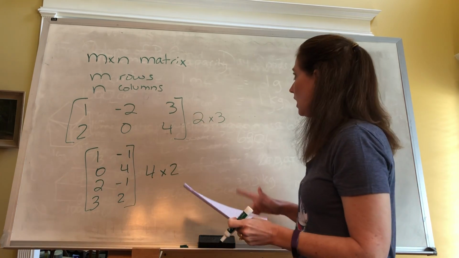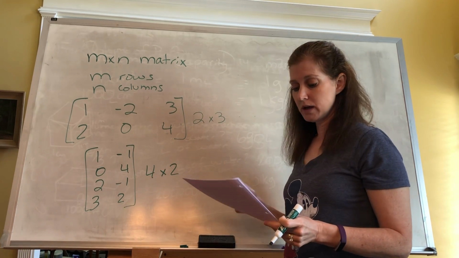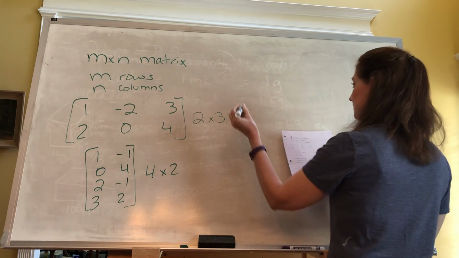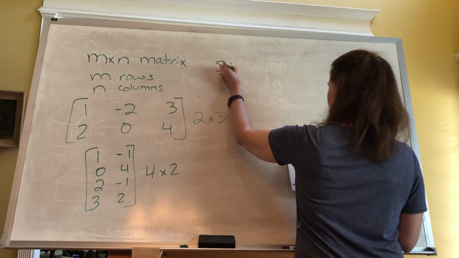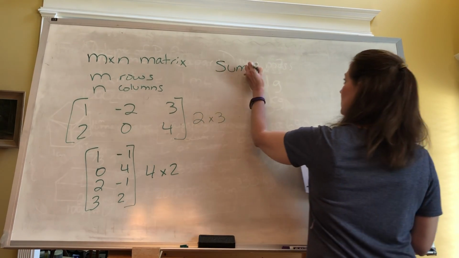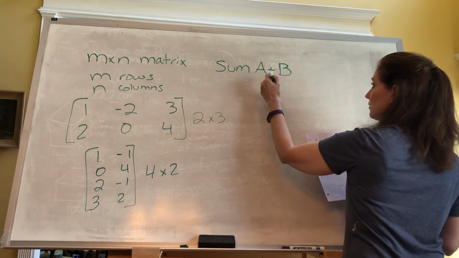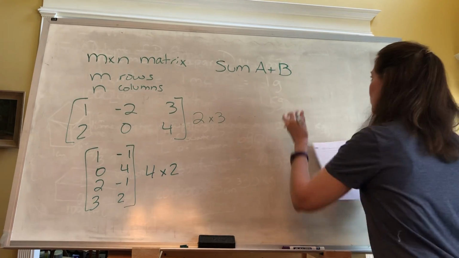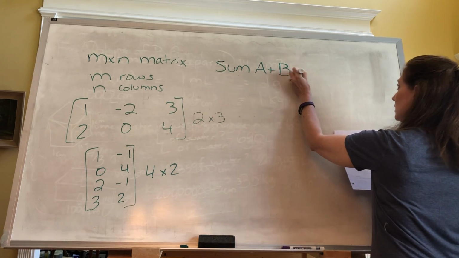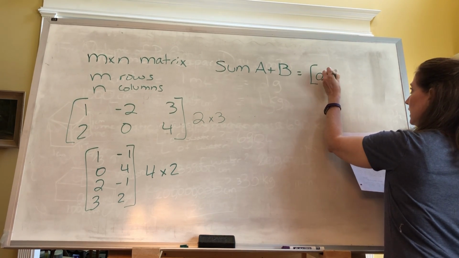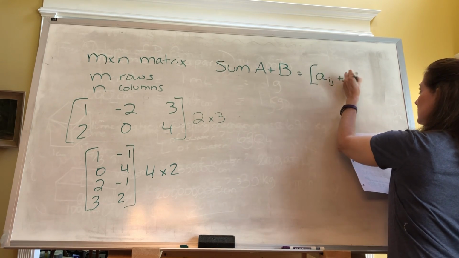When we add matrices together, we just sum A plus B, meaning matrix A and matrix B, where you take Aij plus Bij.